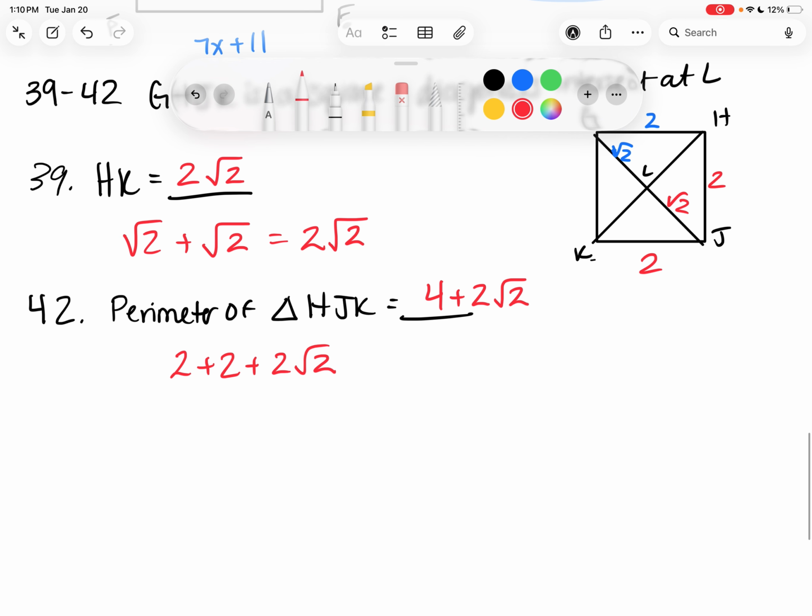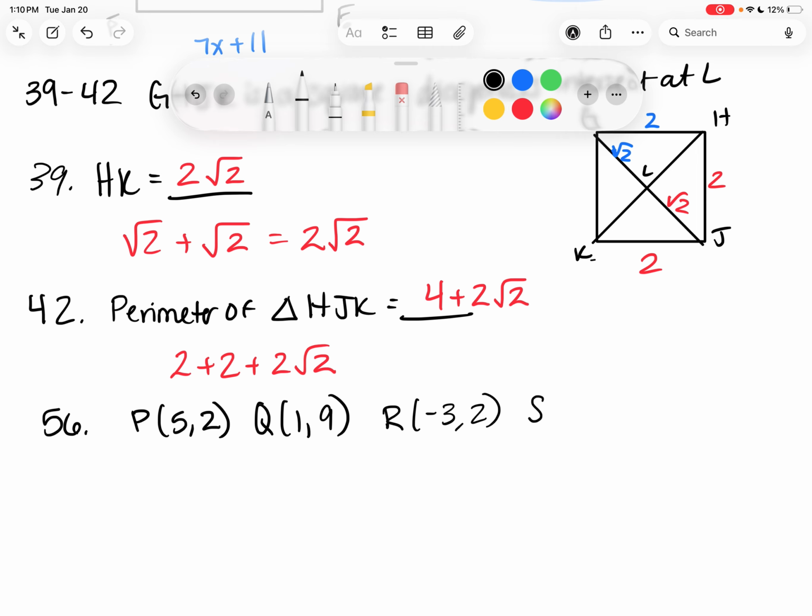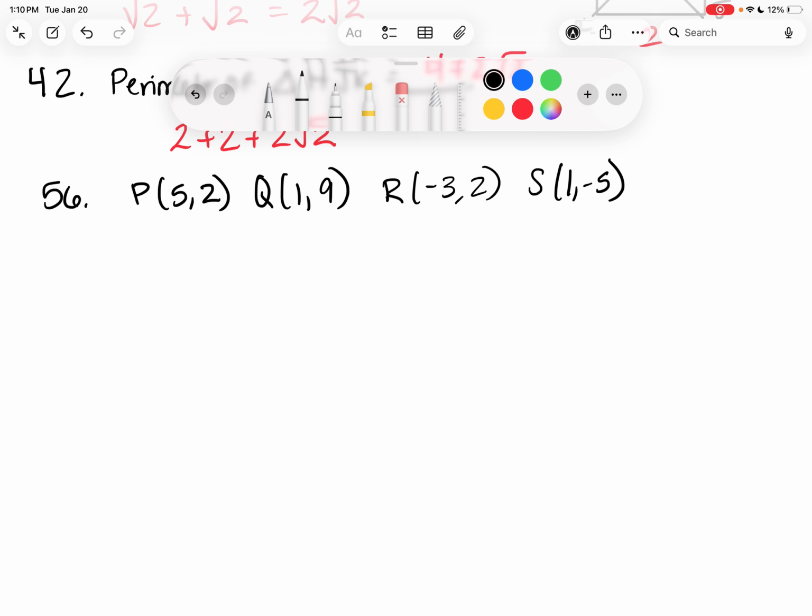So, number 56. P is the point (5, 2), Q is the point (1, 9), R is the point (-3, 2), and S is the point (1, -5). So I need to see where these fall on the graph so that I can answer all the questions I need to.